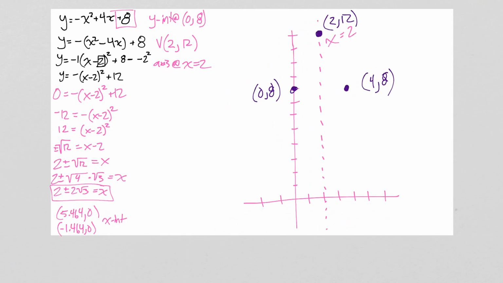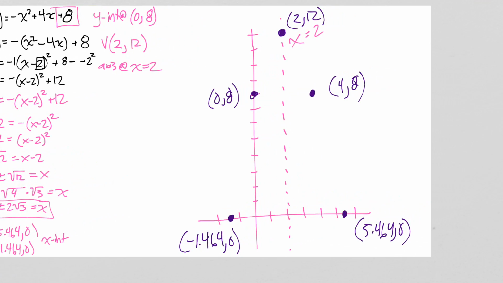And now, lastly, x-intercepts, a little bit less than 5.5. So right about there. And then a little bit more than negative 1.5. So right about there. And we can label them (5.464, 0) and (negative 1.464, 0).